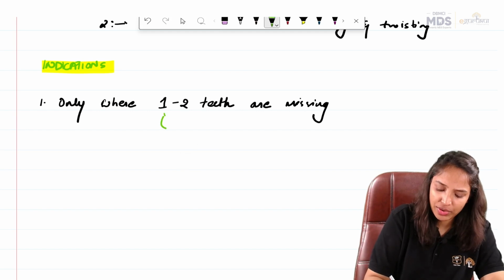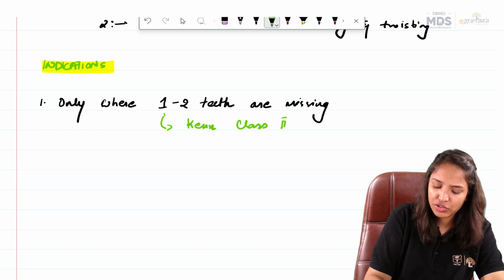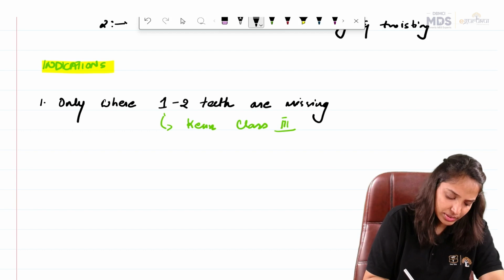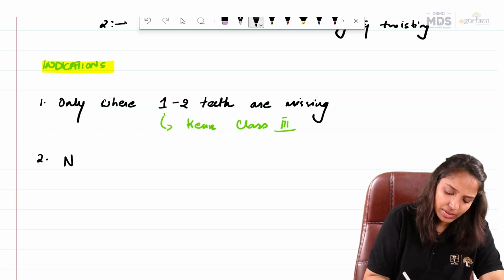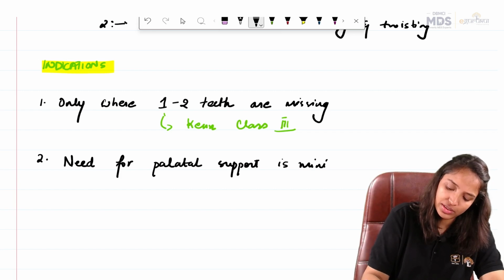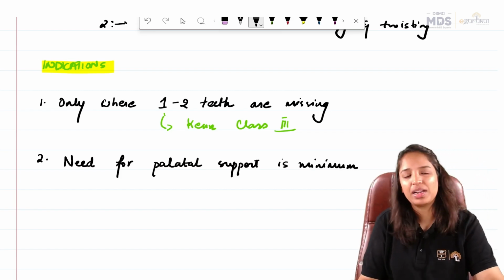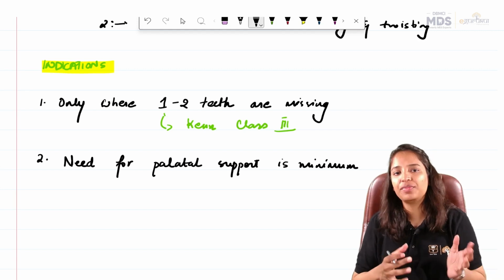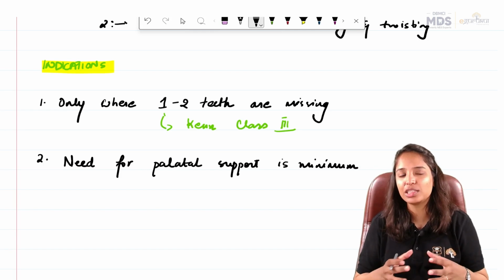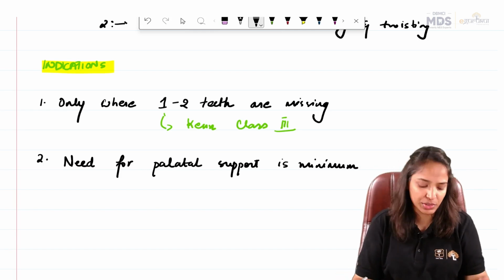So these are all your Kennedy's class 3 situation cases where 1 to 2 teeth are missing on either side of the arch, where need for palatal support is minimum. In all of these cases, you can utilize your single palatal strap. Comparatively with a single palatal bar, tolerance of single palatal strap is much better and hence it will be preferred over it in clinical situations.